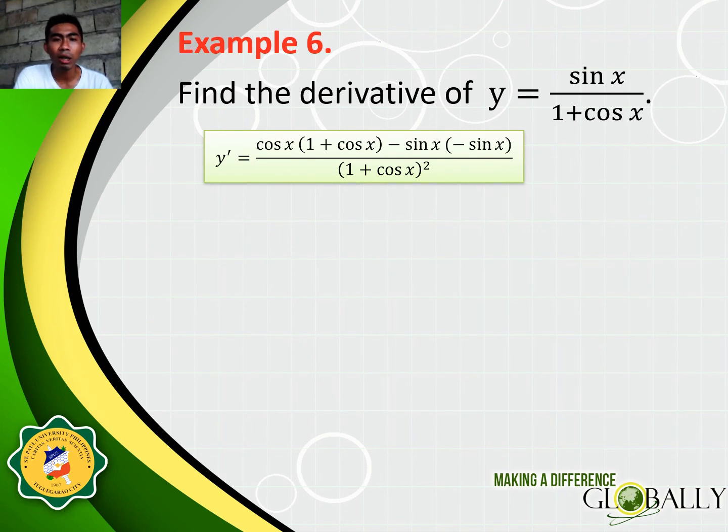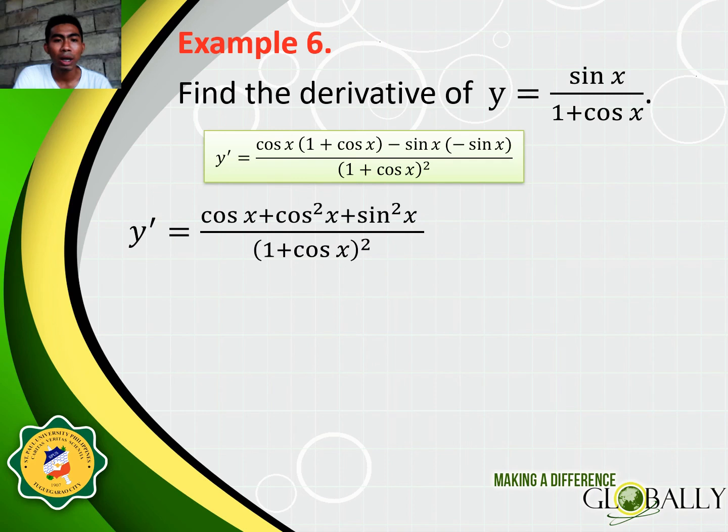Now, distribute cosine x to 1 plus cosine x. We have y prime equals cosine x plus cosine square x. Then, multiply negative sine x times negative sine x is positive sine square x over 1 plus cosine x squared.